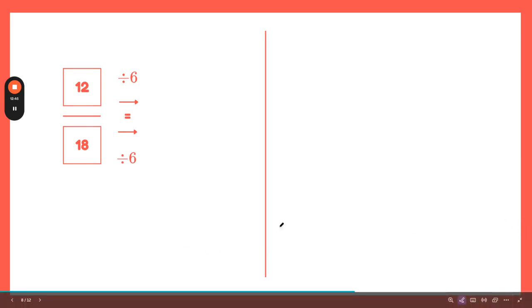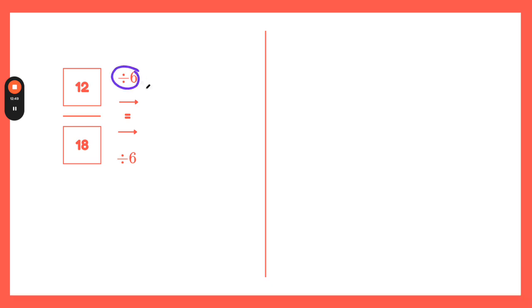Okay, so now we have our highest common factor, which is 6, and we divide both the numerator and the denominator by this highest common factor.